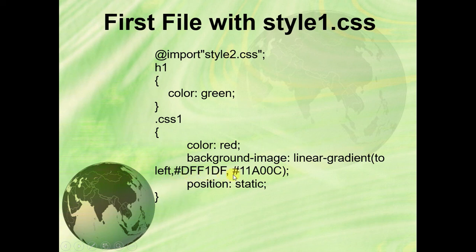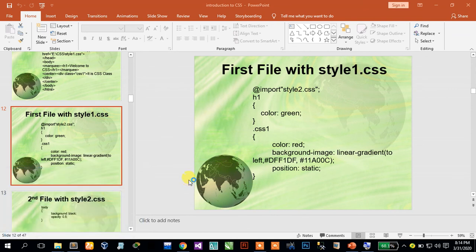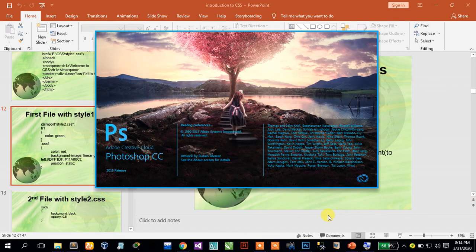This is called hexadecimal digits. All colors have 6 digits: 1, 2, 3, 4, 5, 6, and it must start with hash. Okay, see how to do this. For example, I'll open Photoshop. Now you will see here the clear concept of this. What is this?